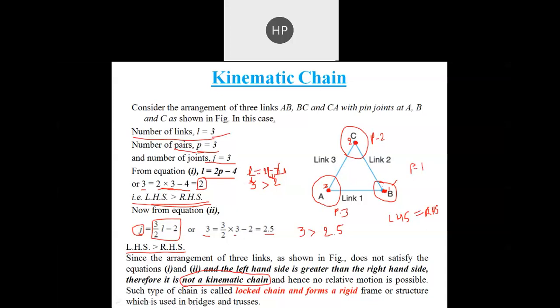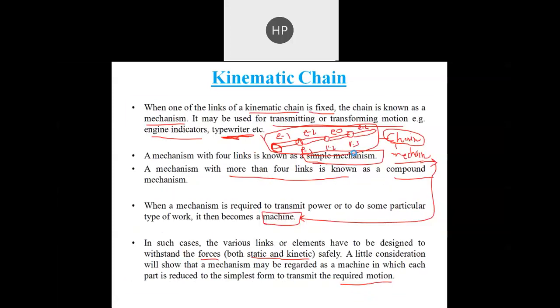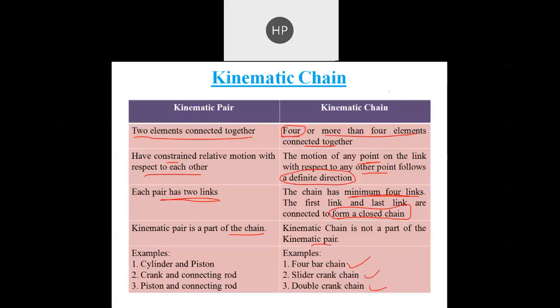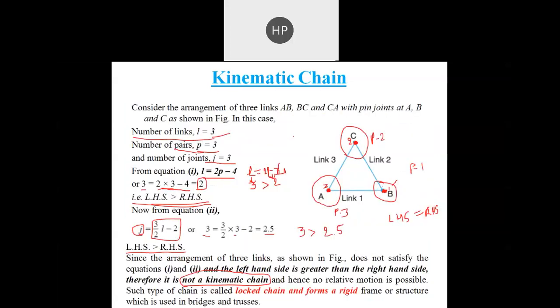So this is the first thing you can get, the idea that a 3 link arrangement is not a kinematic chain. As we have talked earlier, we require a minimum of 4 links, and how this minimum of 4 links comes about we are also going to calculate. In that case there is no relative motion possible between the 3 links, and that's why this combination of 3 links is termed a locked chain or a rigid frame or structure.